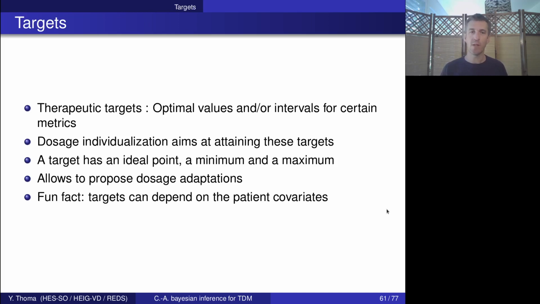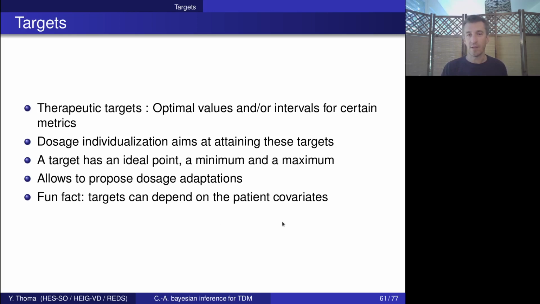For doing so, we need so-called therapeutic targets that are basically the targets the pharmacologist would like to see for the specific patients. The idea of a target is that we want to go to that specific value, not being below a minimum, not above a maximum, and then you can use that to propose some dosages.